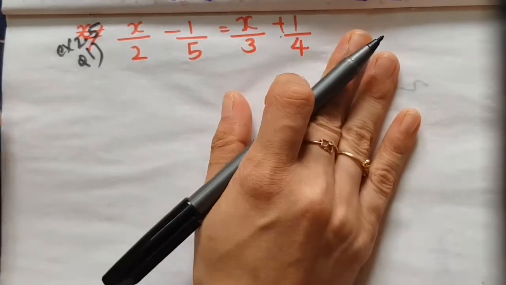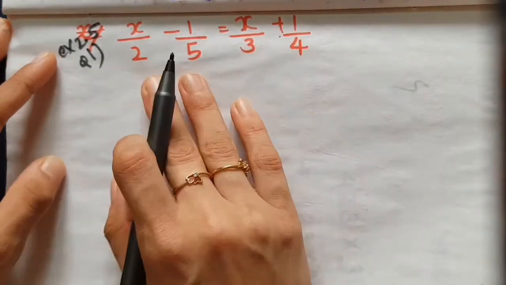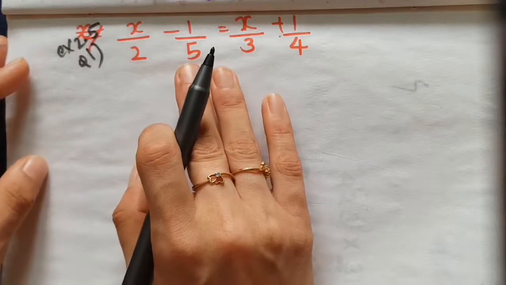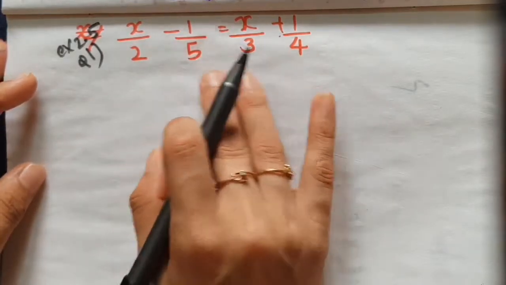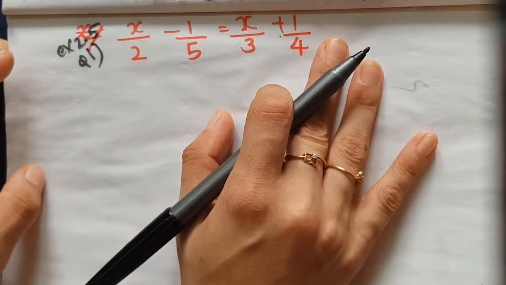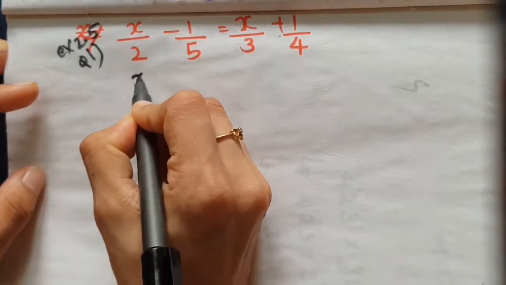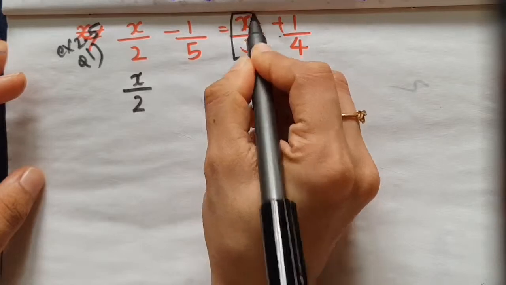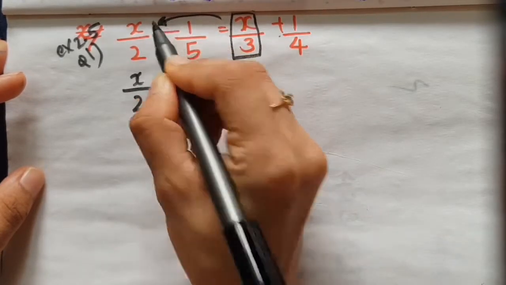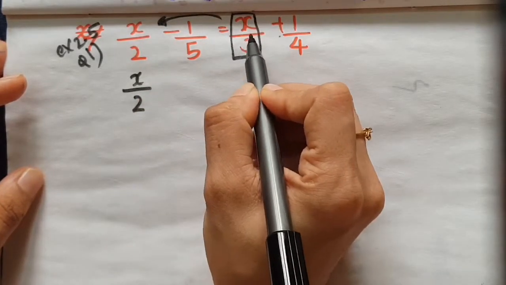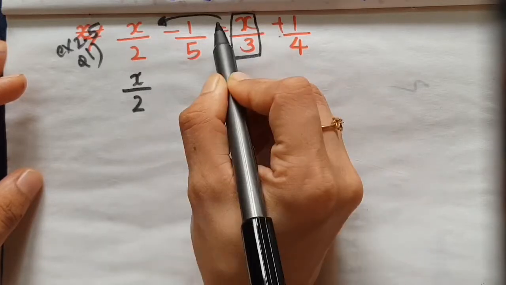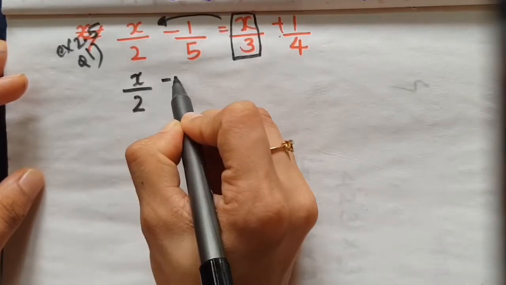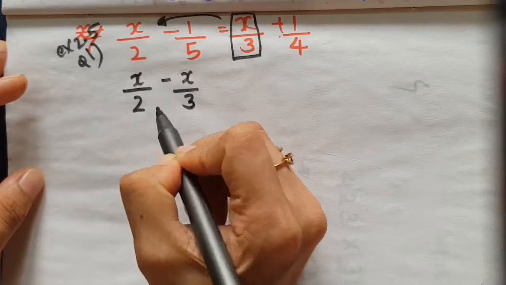So what we have to do first is take the x terms to one side and the non-variable terms, that is the whole terms, to the other side. Let's see how. We can write x by 2 here itself and take this plus x by 3 to the LHS. When plus x by 3 comes from RHS to LHS, that is across the equation, it will become minus x by 3.